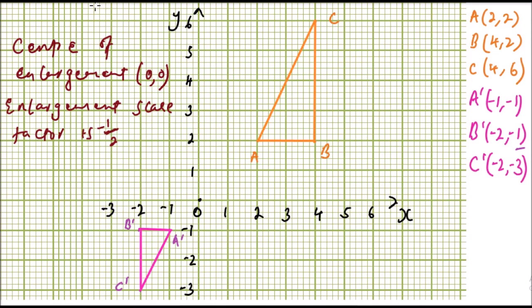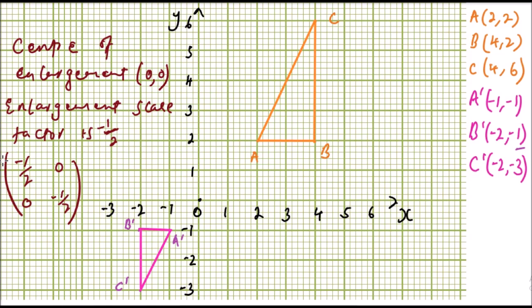And remember our transformation matrix, which we worked out, was minus a half, 0, 0, and minus a half. So that is how you work that out. You get the matrix of transformation the way we have worked it earlier, and when you plot, you should be able to observe.